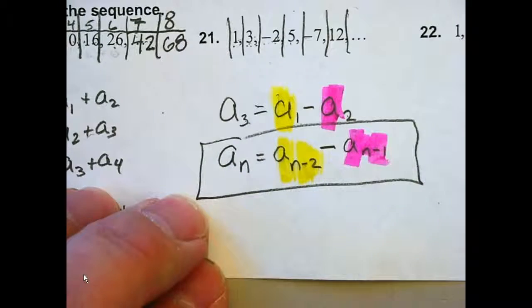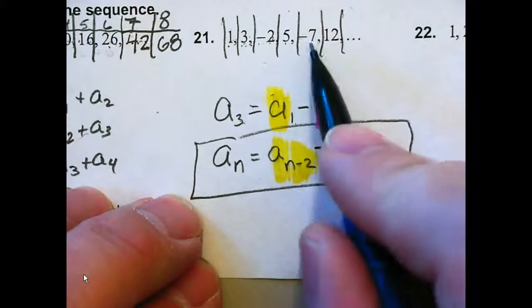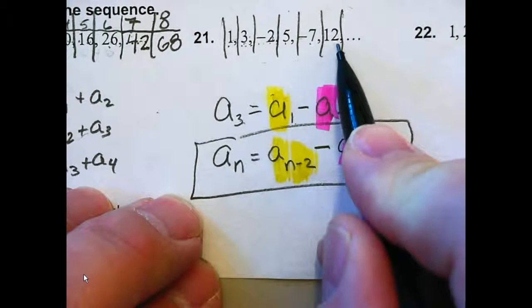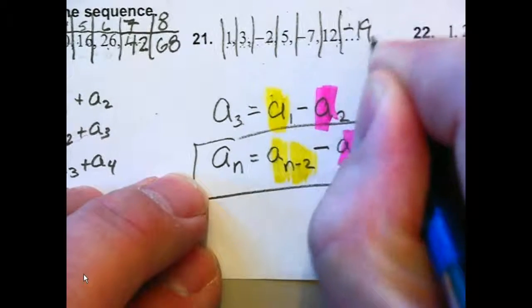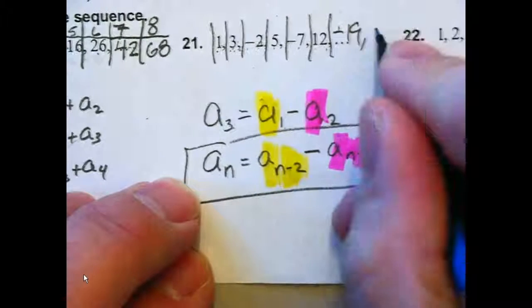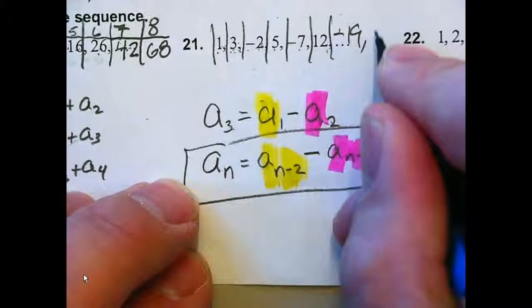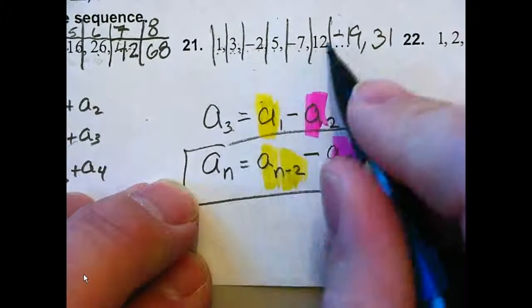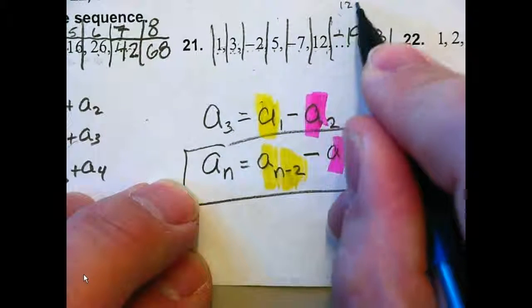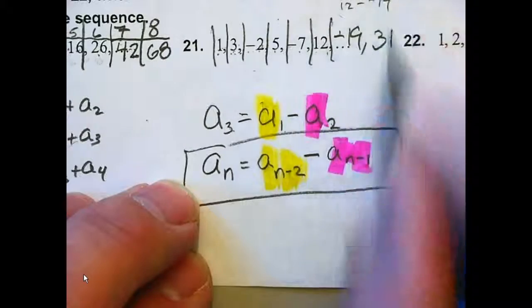You can test them out. What are going to be our next two terms? Negative 7 minus 12 is negative 19. And 12 minus negative 19 is? No, that's positive. Positive 31, yeah, because you're doing a minus and a negative. Okay?